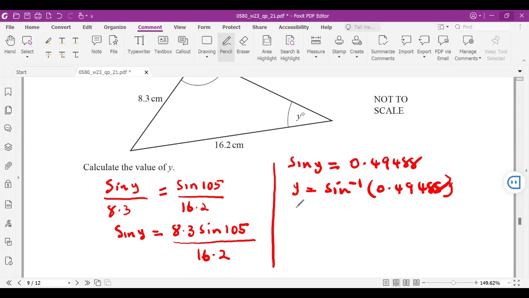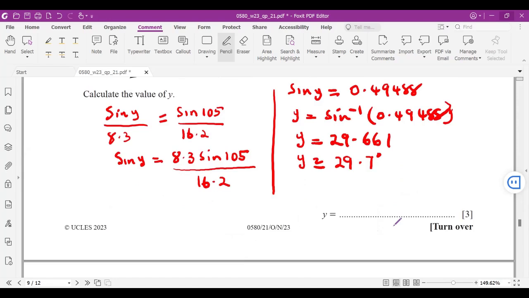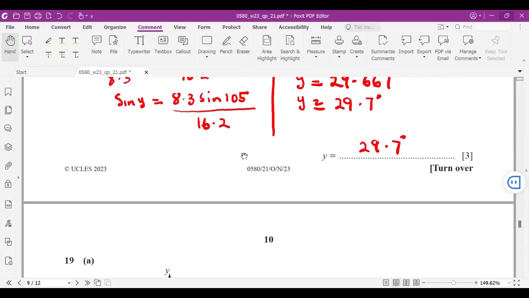So y becomes 29.661. Because it's an angle, we write to one decimal place. That's the instruction. That is 29.7 degrees. So here we write 29.7 degrees. Okay, let's proceed to the next question.